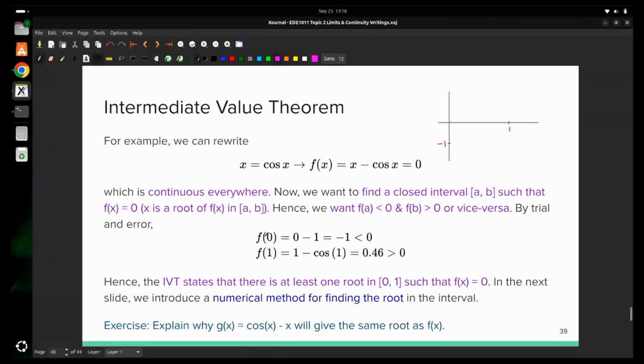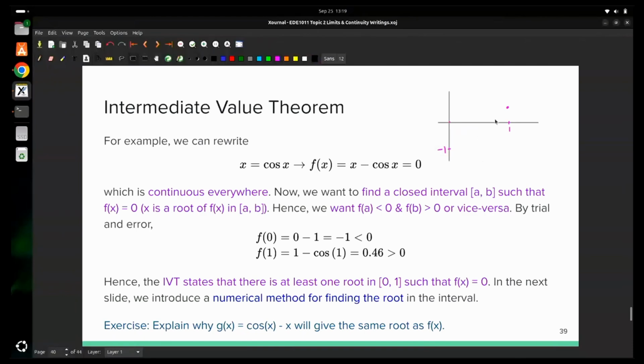Then I just guess another value. Let's say I guess 1. Then I notice that 1 minus cosine 1, I get 0.46. And this is positive. So at x equals 1, I get 0.46, which is maybe somewhere here. I don't know how the graph passes through the x-axis.